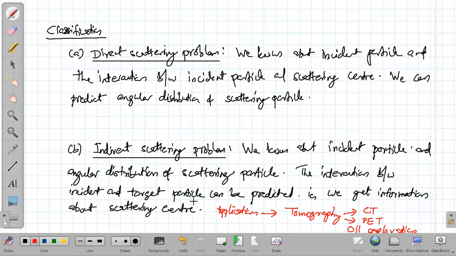Next, we can discuss the important quantity involved in the study of the scattering problem, which is called the scattering cross section.